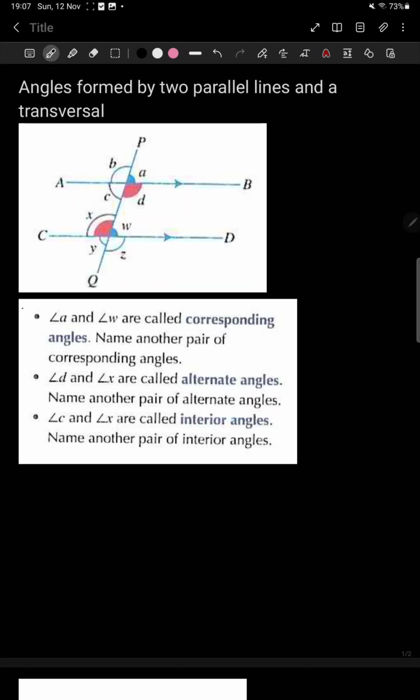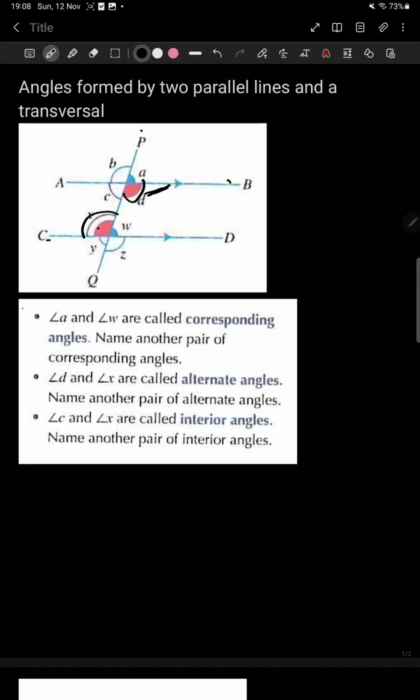Similarly, my dear students, angle D and angle X are called alternate angles. Where is angle D and where is angle X? D is on the right side of the above parallel line and X is on the left side of the below parallel line. The transversal is cutting these angles, so this angle will be equal to this.